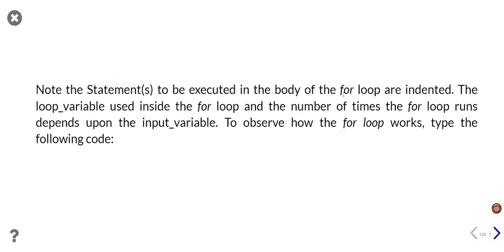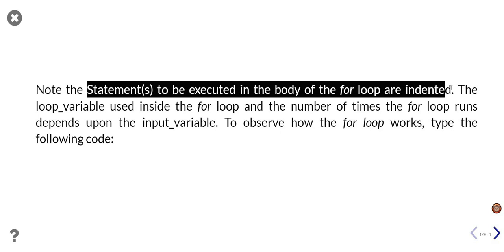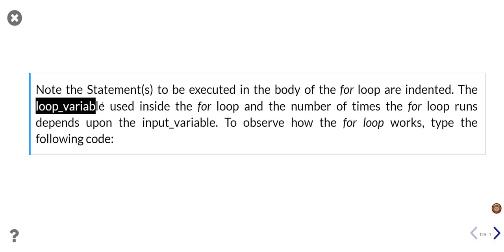So again, note that the statements to be executed for the for loop are indented, same like the if else statement, and there is a loop variable to be used for the for loop, and the number of times the for loop runs depends on the input variable.